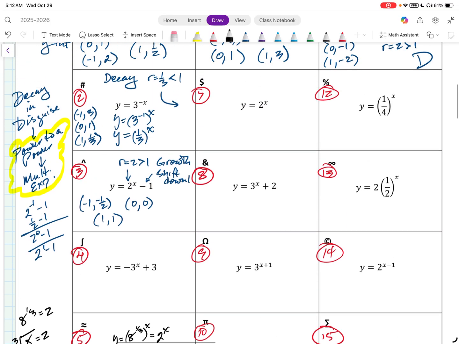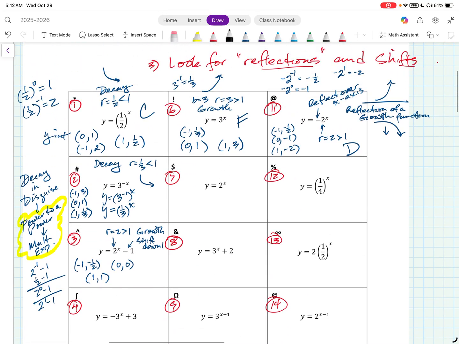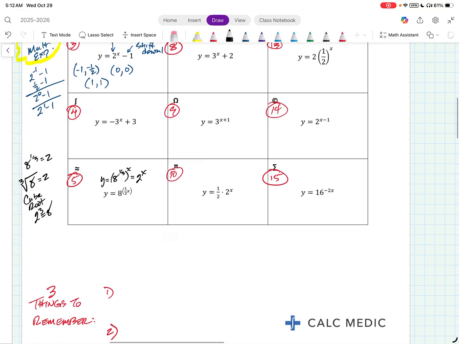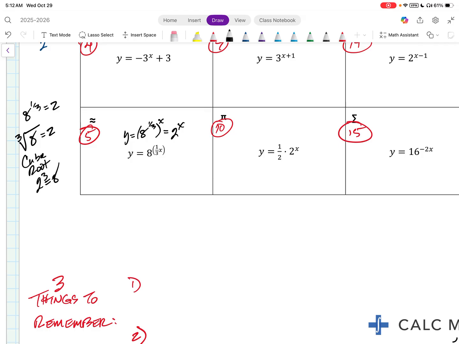And guess what? I think we already did that one. Did we? Not yet. It's number 7. So this one here is the same as number 7. It's in disguise. Now the base is 2, which is greater than 1, so it's growth.